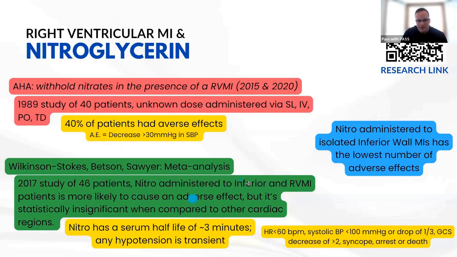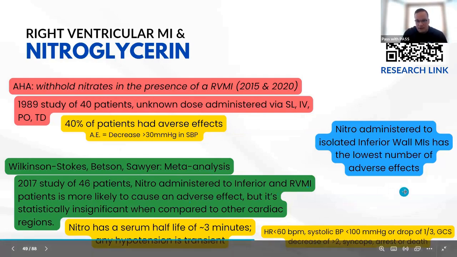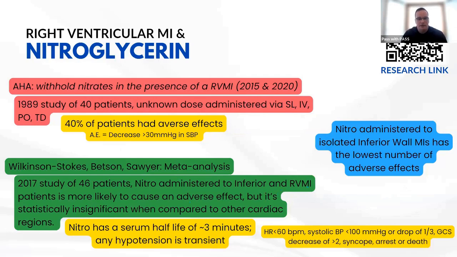This 2017 study actually looped in a lot more signs and symptoms, which is good because it further enhanced the point that nitro can cause adverse effects, but it doesn't really cause any more adverse effects in that inferior RV wall MI patient than it does in any other cardiac region.